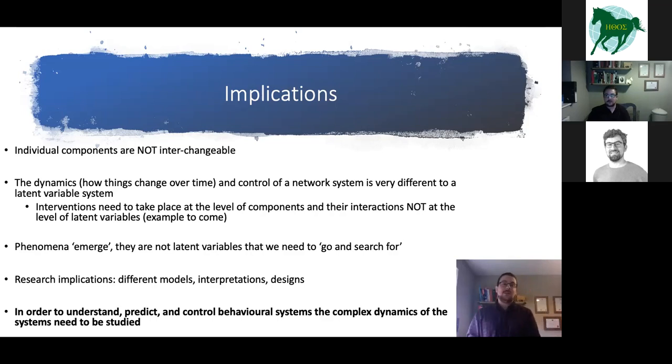Maybe we don't need to do experiments that go out searching for the existence or the cause of neuroticism, because it doesn't actually exist. So essentially, it can be summarized as: in order to understand, predict, and control behavioral systems, the complex dynamics of the systems need to be studied.